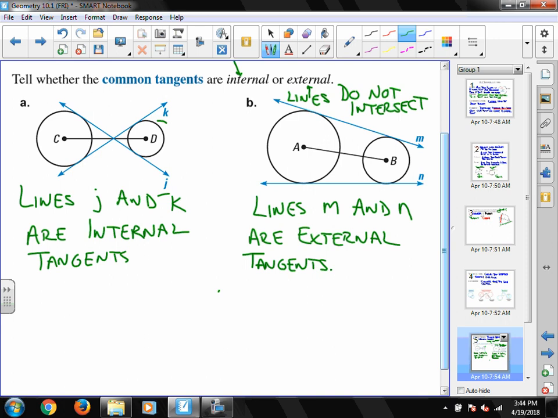Again, it goes back to where they are going to intersect those circles. The circles are in between the two lines. One's on top, one's on bottom. So I would consider that the outside, if you want to think of it like that. They don't intersect in between the two circles at some point here. So those are going to be external tangents.